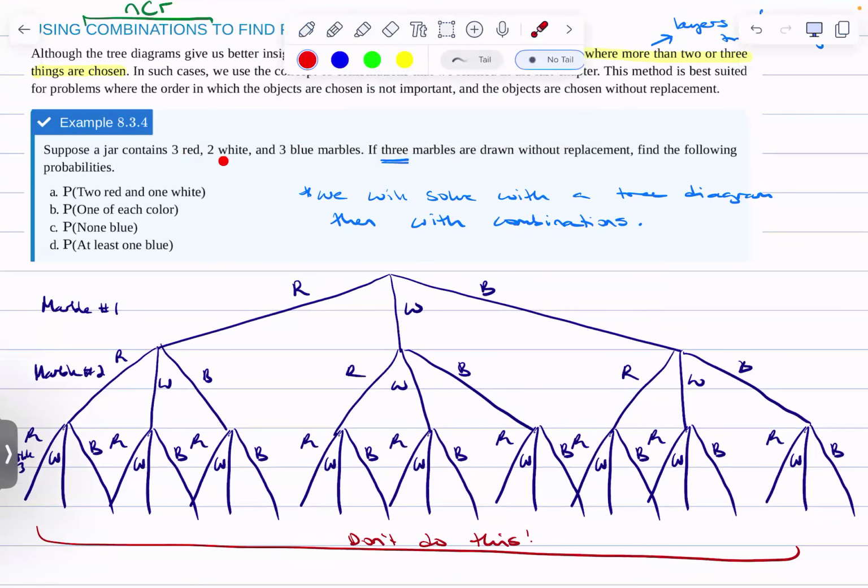If you have 3 red, 2 white, and 3 blue, then you have 8 marbles total to start, which means that you have a probability of 3 in 8 to draw a red, 2 in 8 to draw a white, and 3 in 8 to draw a blue on the first marble.